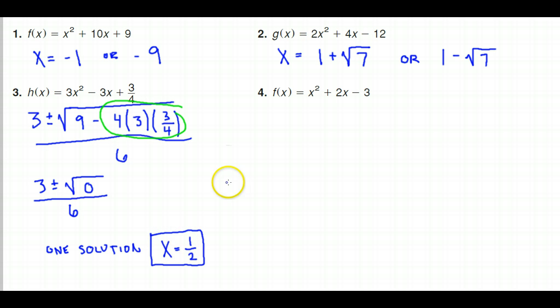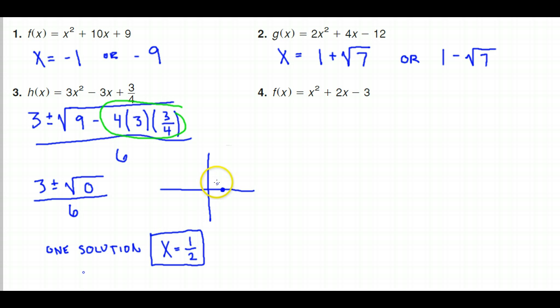What that means on the graph is that if I just sketch a quick graph of that, this function is going to have a vertex of 1/2, 0.